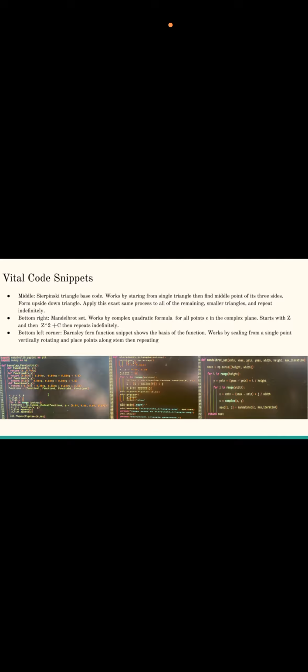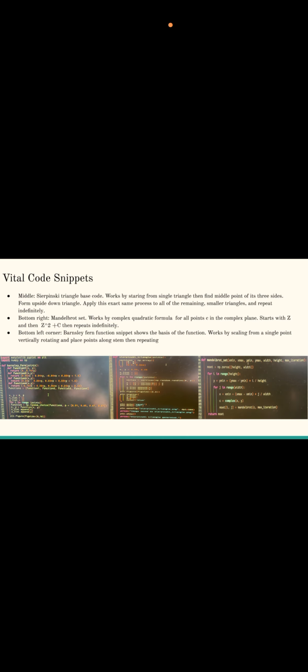Then you apply the function Z squared plus C, which is that point within the complex plane. And you determine whether this function will produce a point within the Mandelbrot set or outside of it. That's how the fractal is generated, and you repeat that indefinitely. And as I said, this is not necessarily as random, although it does produce a very beautiful and complex structure.